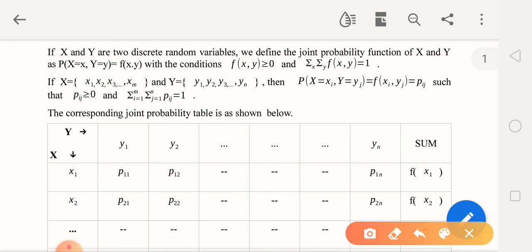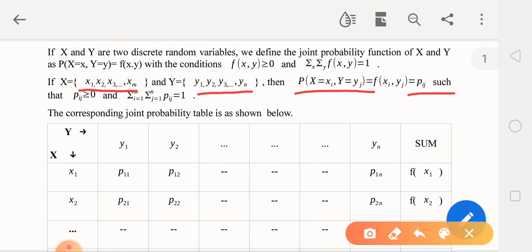If X is the set x1, x2, x3 till xm, and Y is the set y1, y2, y3 till yn, then the joint probability function probability when X equal to xi, Y equal to yj is equal to f of xi comma yj, and we use the notation pij.